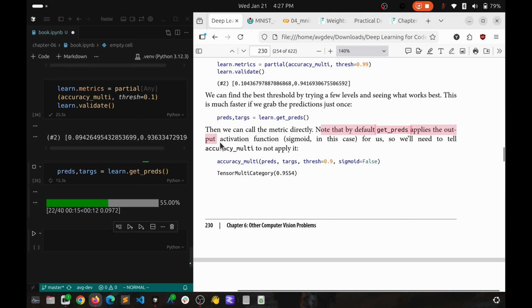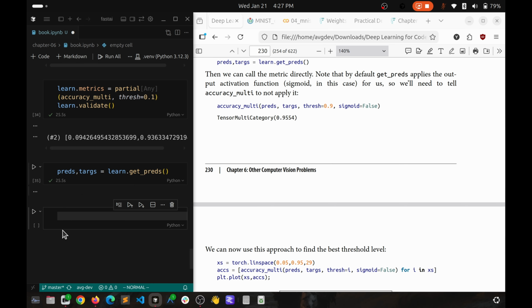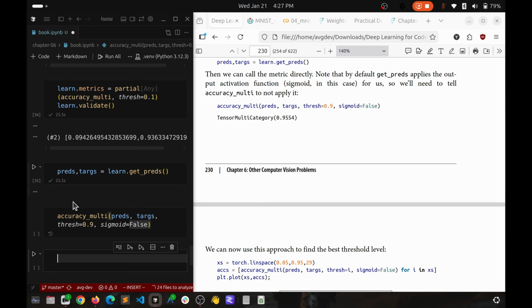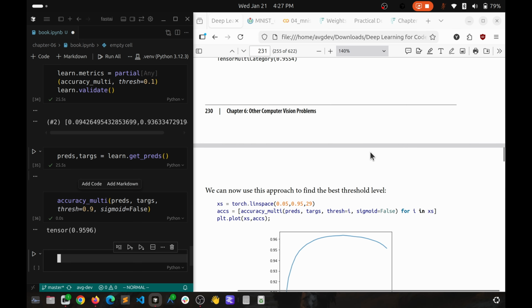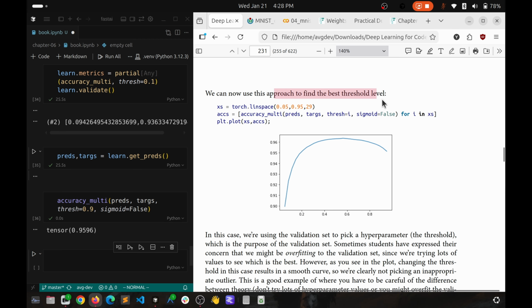So we'll need to tell accuracy_multi not to apply it. Okay, let's just wait for this one to finish. Cool. And then accuracy_multi(preds, targs, thresh=0.9, sigmoid=False). Okay, about the same.